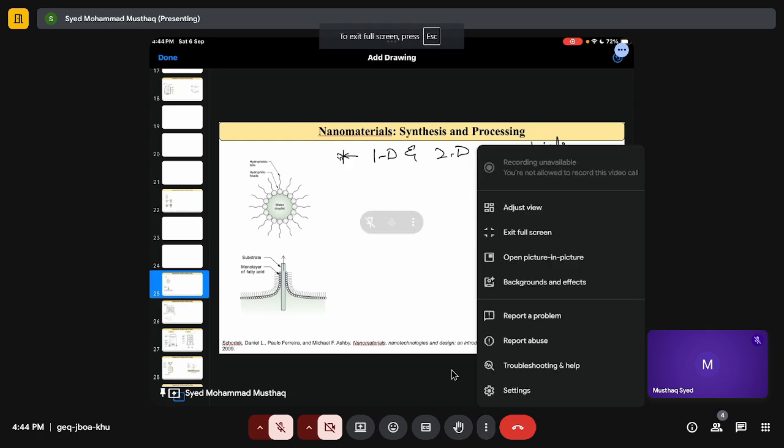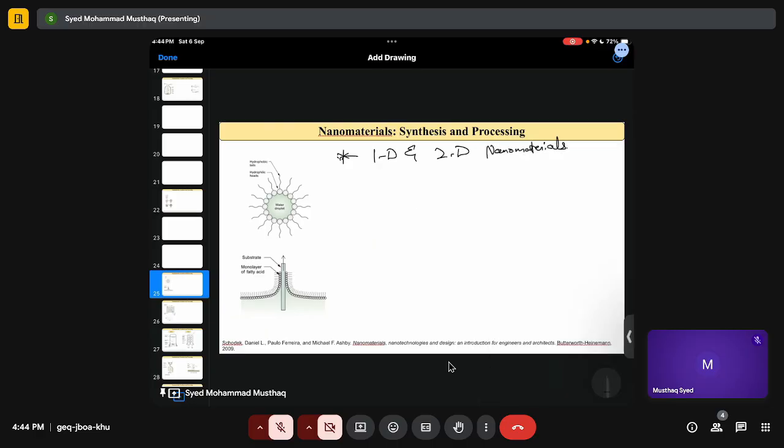Right. So now, in one-dimensional nanomaterials, one dimension is not in nanoscale.